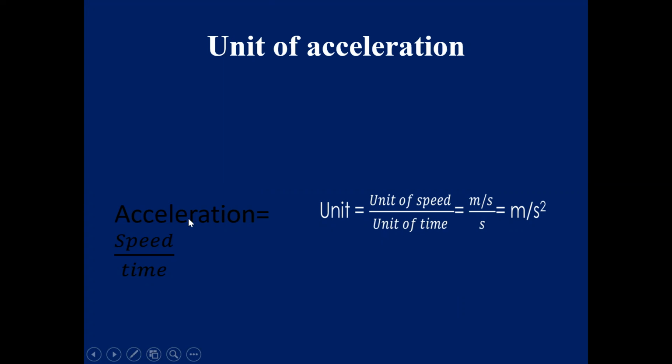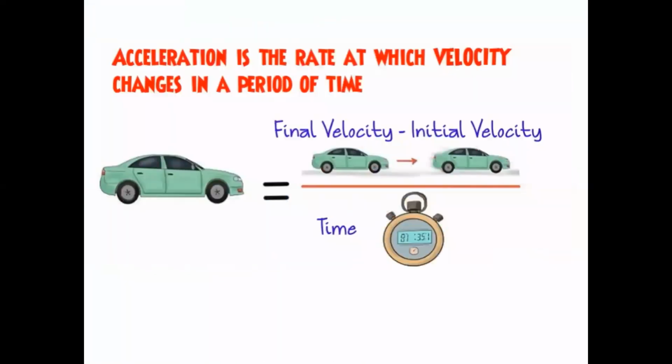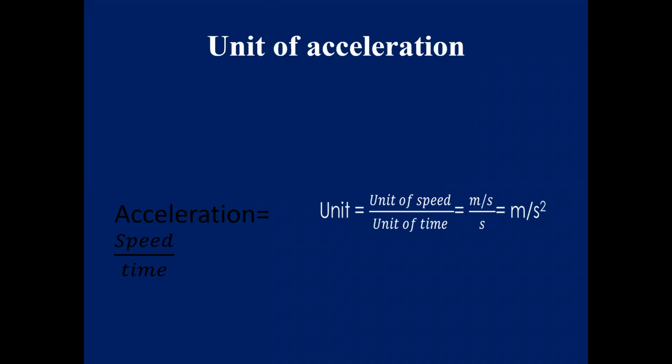But acceleration equals unit of speed divided by unit of time, because here we mentioned that the difference between the initial and the final speed, final velocity minus the initial one, divided by time. So it will be meter per second square as unit.